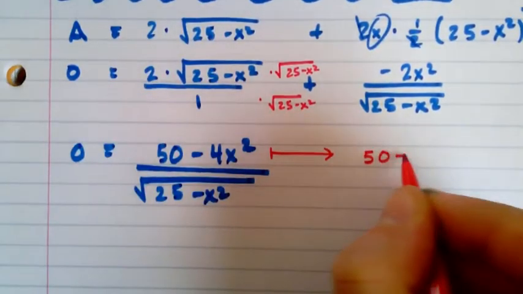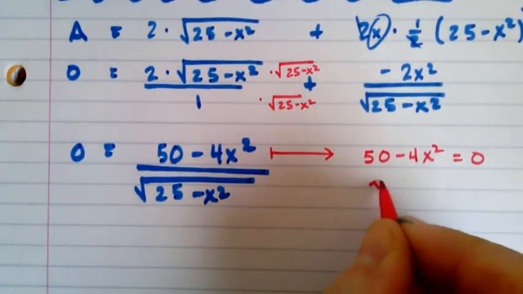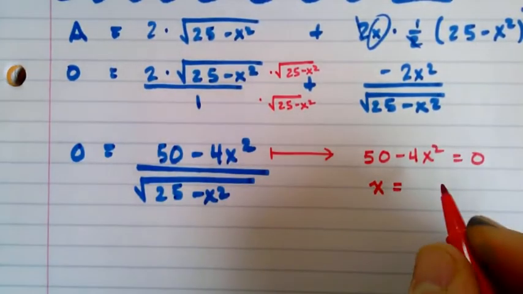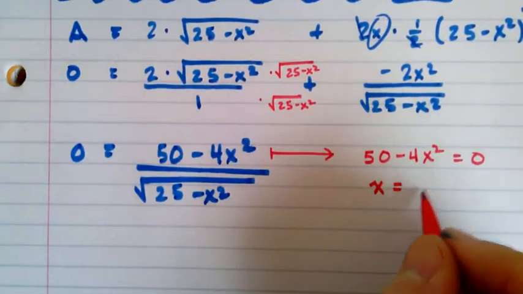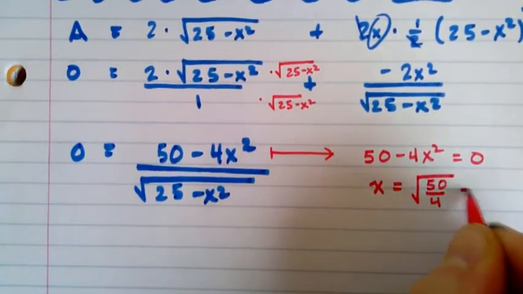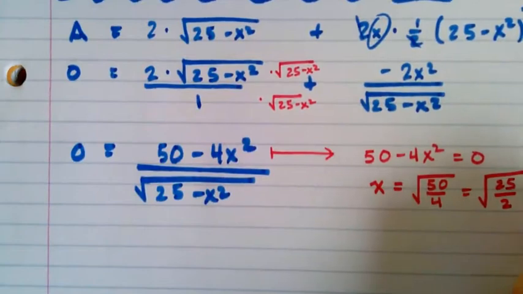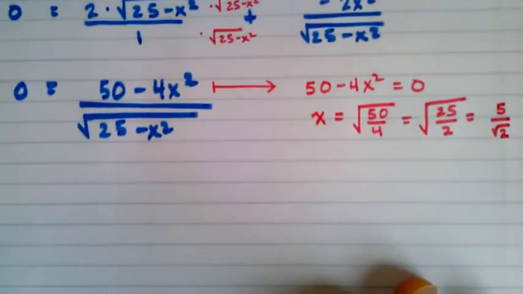So 50 minus 4x squared equals 0 would mean that x would be equal to the square root of 50 over 4, which is the square root of 25 over 2, which is 5 over root 2. I'm going to leave it like that for the moment.